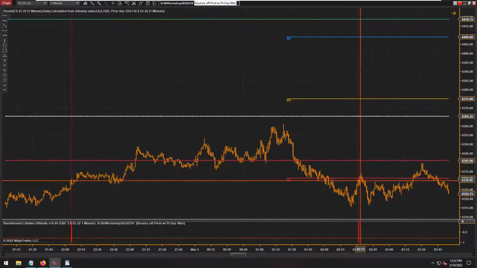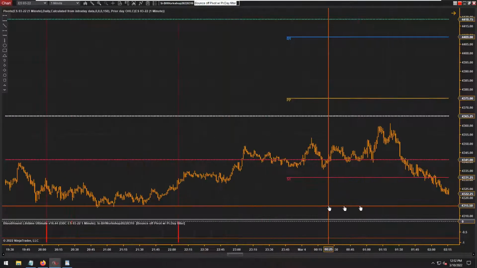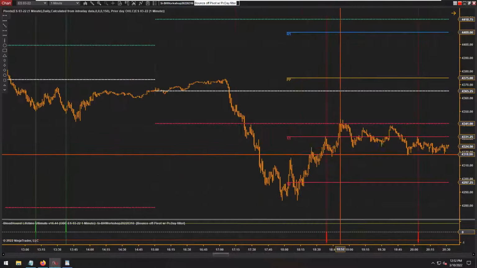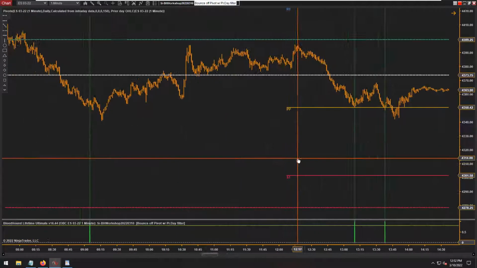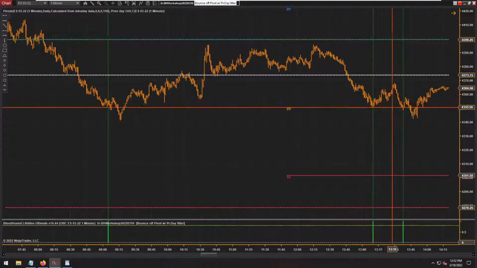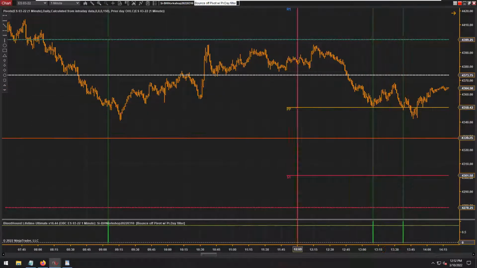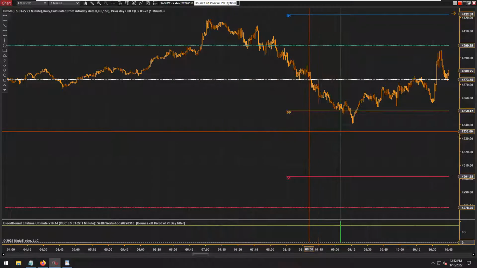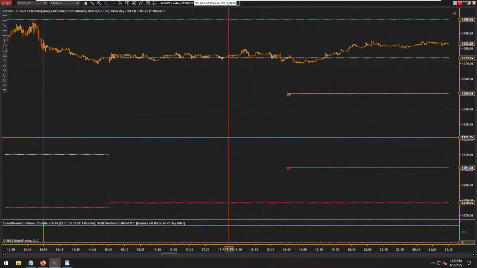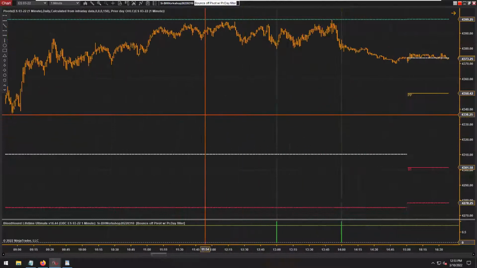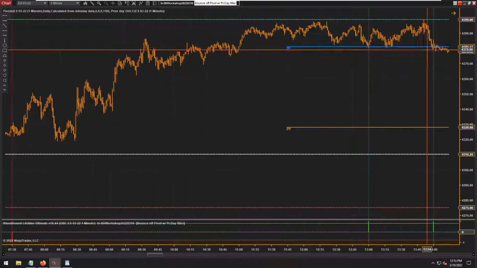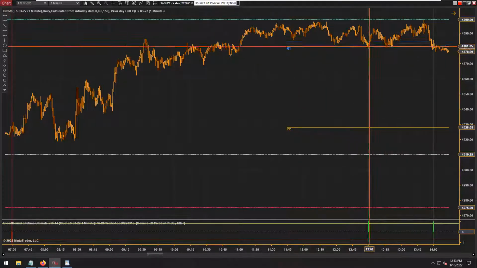All right, nice clean bounce signal there. And there we go. So some bounces above the PP line. So far everything's looking good. There we go. There's some bounce signals off of R1.